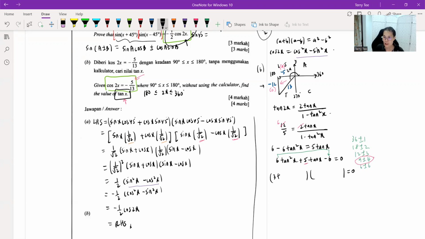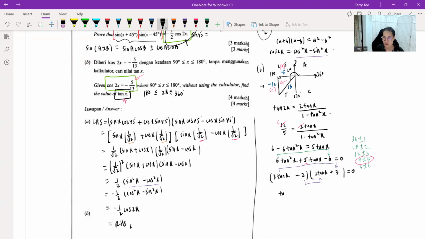So to get 9 and 4, I put 3 and 2 first. One of these must give us 9, this one must give us 4. So to get 9, I put 3. To get 4, I put 2. And in order to get positive 5, the bigger number 9 is positive, plus the smaller number 4 is negative.